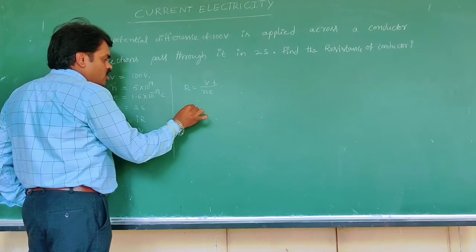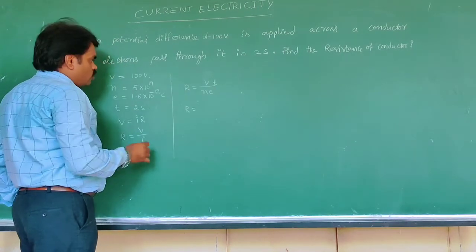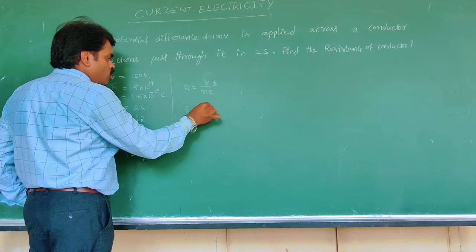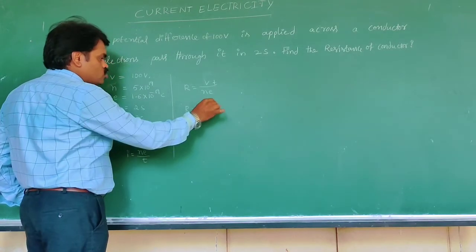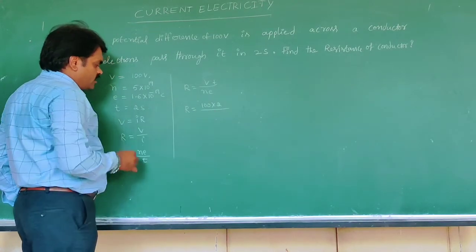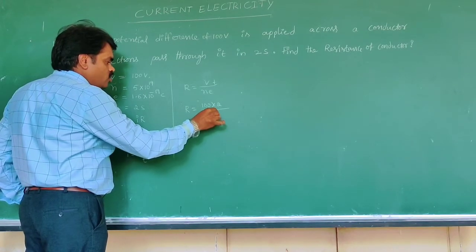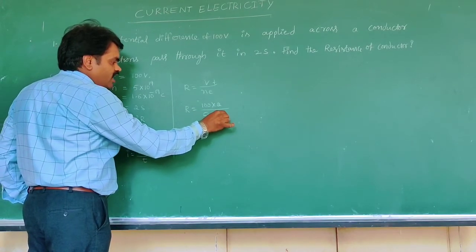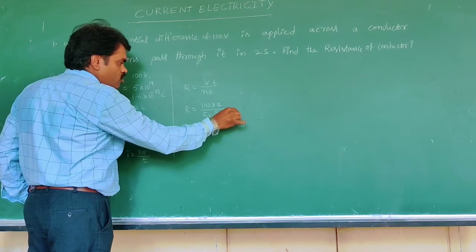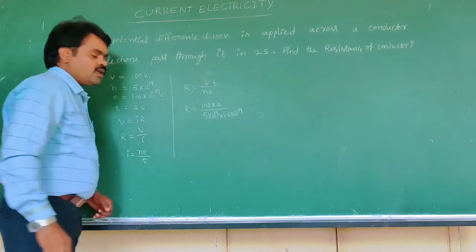Then R is equal to the V value, potential 100 volt, into time 2 seconds, divided by number of electrons 5 into 10 to the power of 19, into the charge of the electron 1.6 into 10 to the power of minus 19.